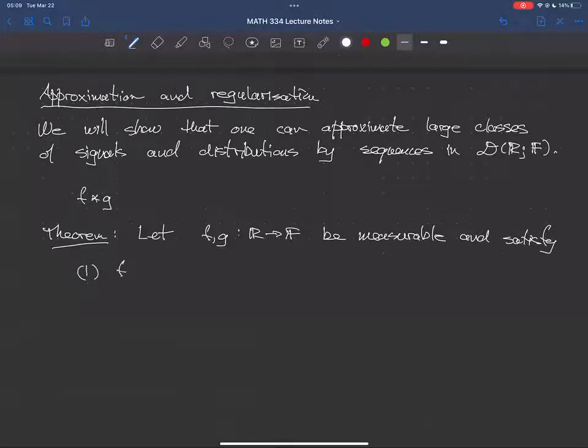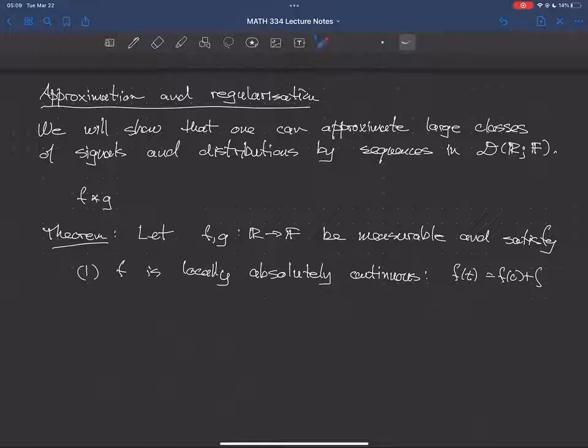I'm going to ask that f is locally absolutely continuous, and we talked about this before, and I'll write down what the condition for that is again. It means that f of t is equal to f of 0 plus the integral of f prime, and the choice of 0 here is arbitrary. You could choose any other number.